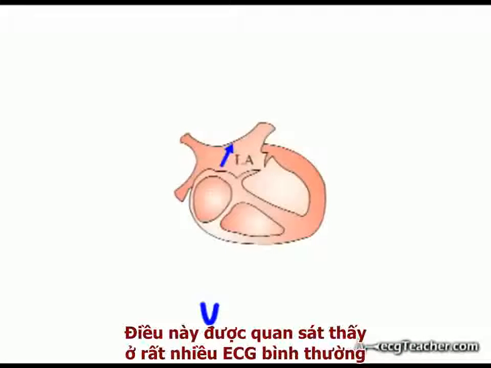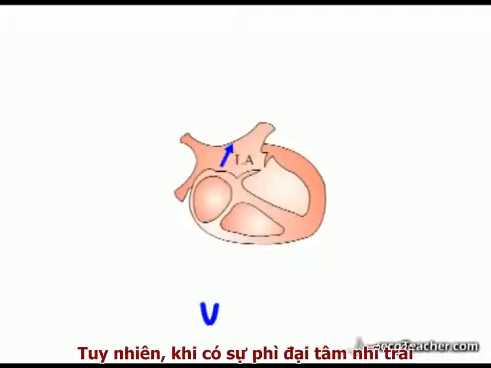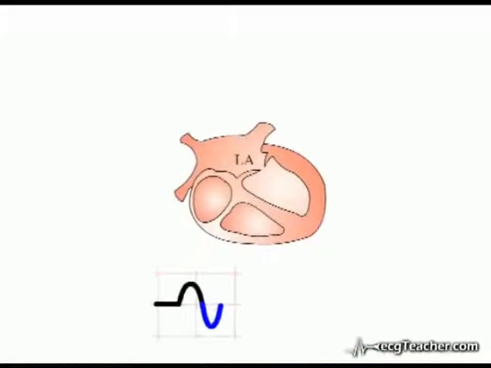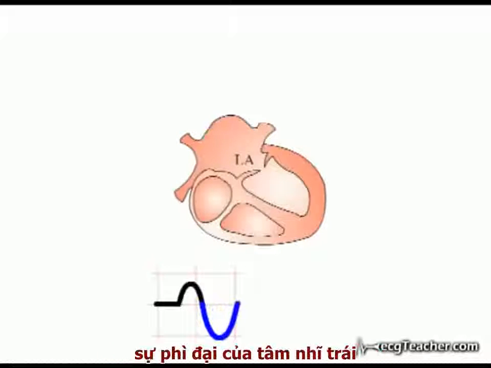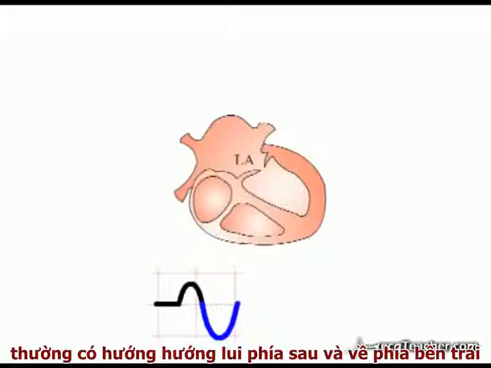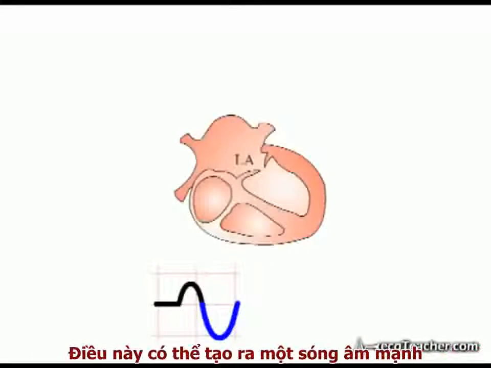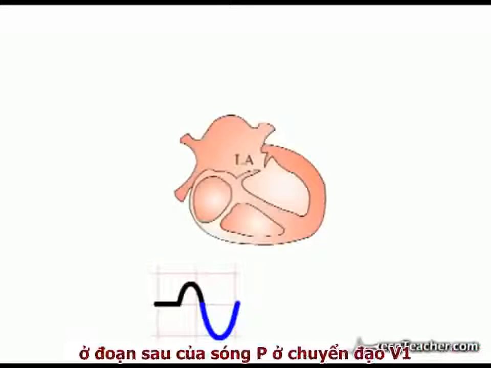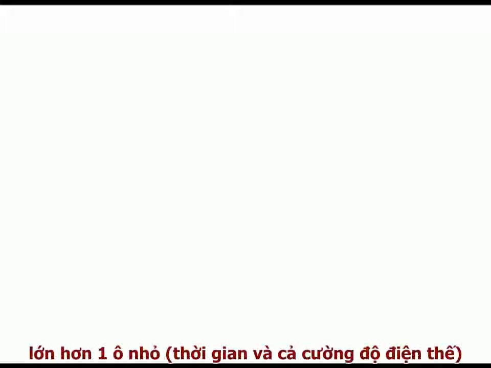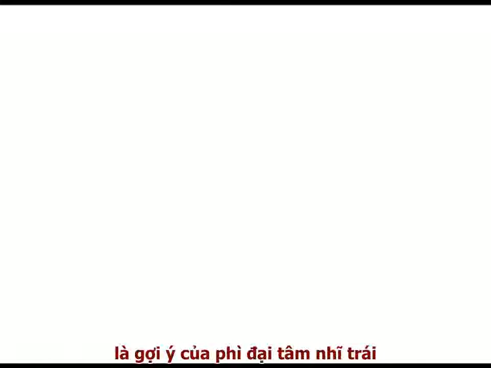This is observed in many normal ECGs. However, in the presence of left atrial enlargement, this finding can be dramatically exaggerated. Enlargement of the chamber is usually directed posteriorly and to the left, and this can result in a very prominent negative terminal component to the P wave in lead V1. A negative P wave component in lead V1 greater than one small square in width and depth is suggestive of left atrial enlargement.